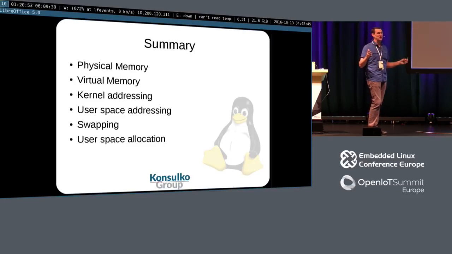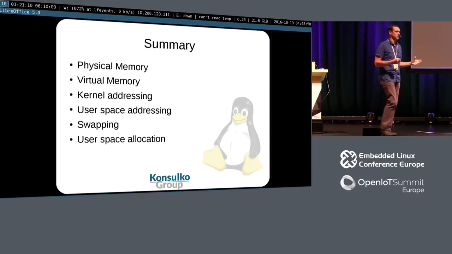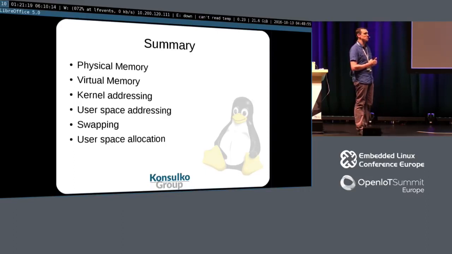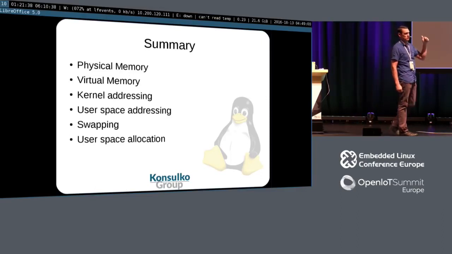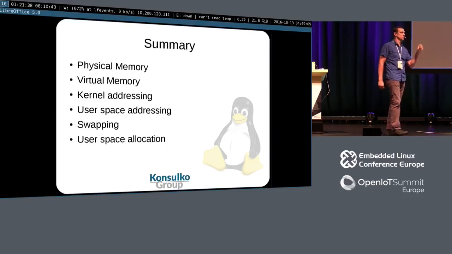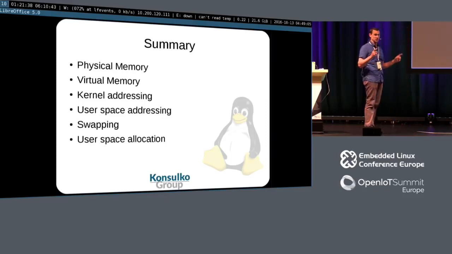And so, a quick summary. Like I said, this is an introduction, so if you're already a kernel expert, you probably know all that. But we went through physical memory, and we looked at the x86 familiar memory map. We talked about virtual memory, three types: kernel logical, kernel virtual, and user virtual, and which ones are contiguous or not. We use kernel logical for DMA.